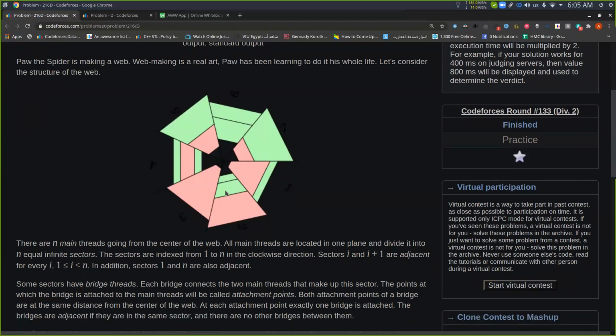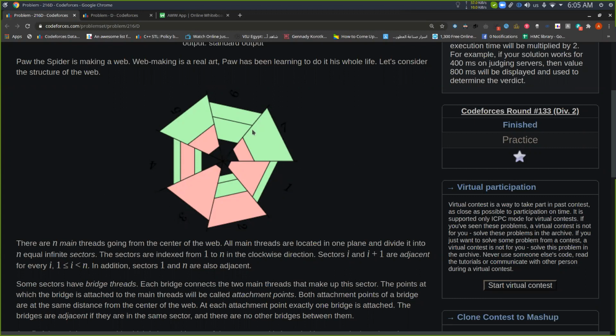This cell number 3, colored in red, has 3 bridges touching it on the right side, which is 1, 2, 3, and on the left side there are 4 bridges, 1, 2, 3, 4. So this is unstable.